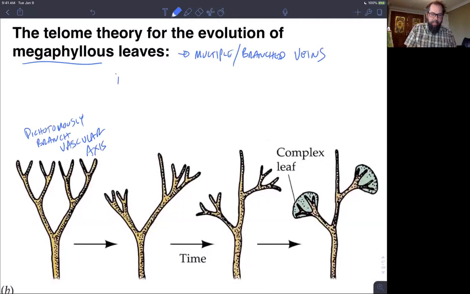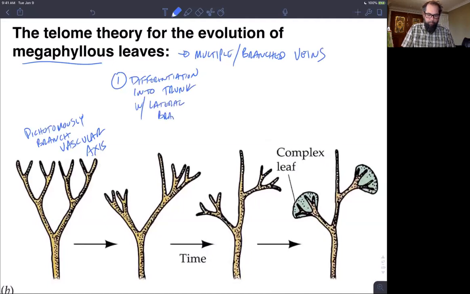The first step is differentiation of the axis into a trunk with lateral branches. Here we have the trunk part with these lateral branches, and rather than being evenly dichotomously branched, they have varying sizes to the branching.